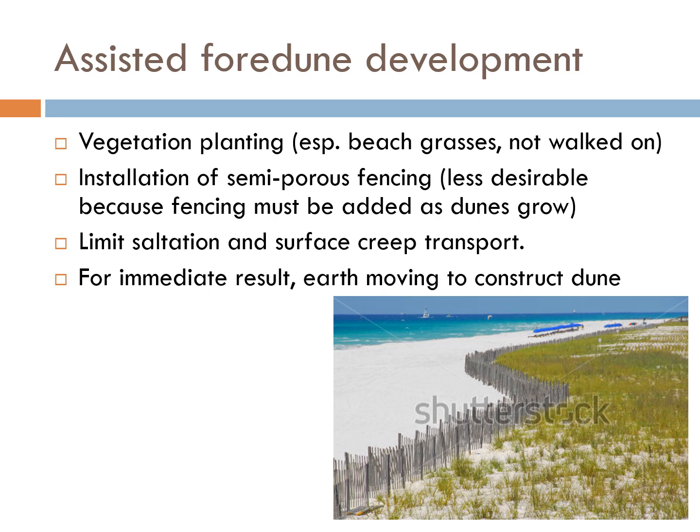This can be achieved by vegetation planting, especially beach grass, or it can also be achieved by installing this type of semi-porous fencing as shown in order to trap the movement of sand, especially saltation and surface creep, which can be limited by height. Of course, if it is necessary to rebuild the dune as fast as possible, then earth moving or earthwork may be necessary.